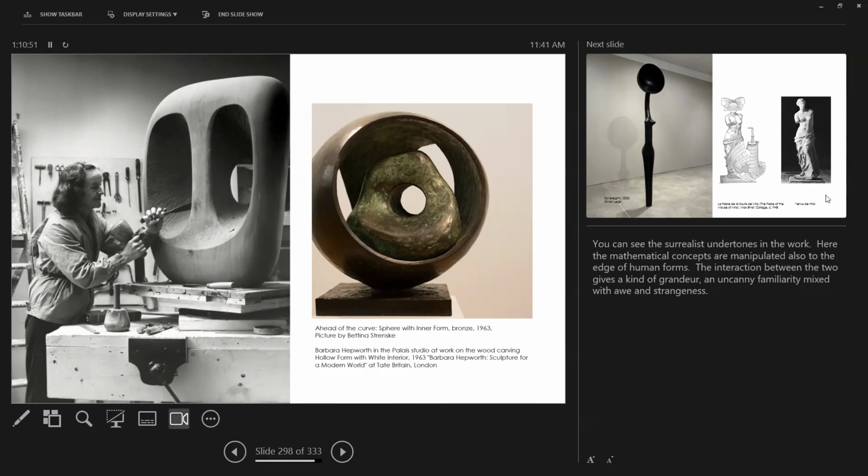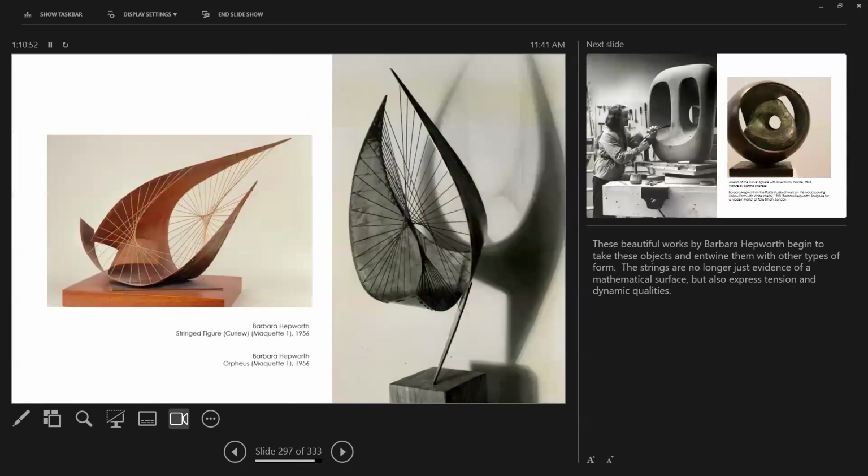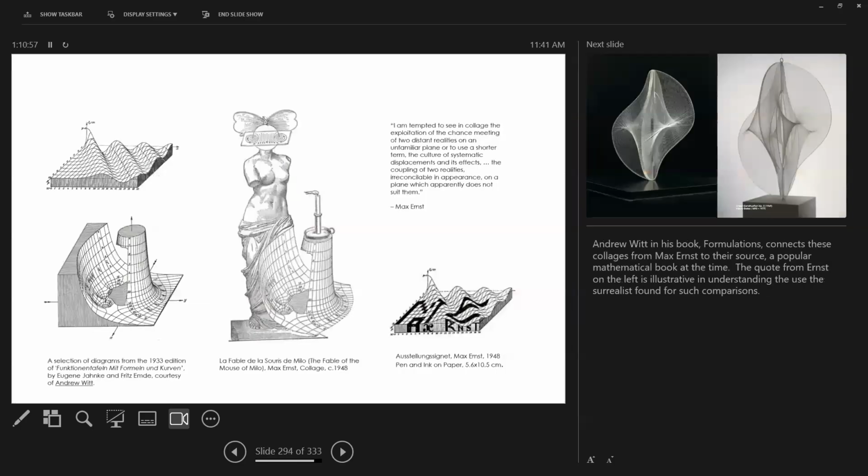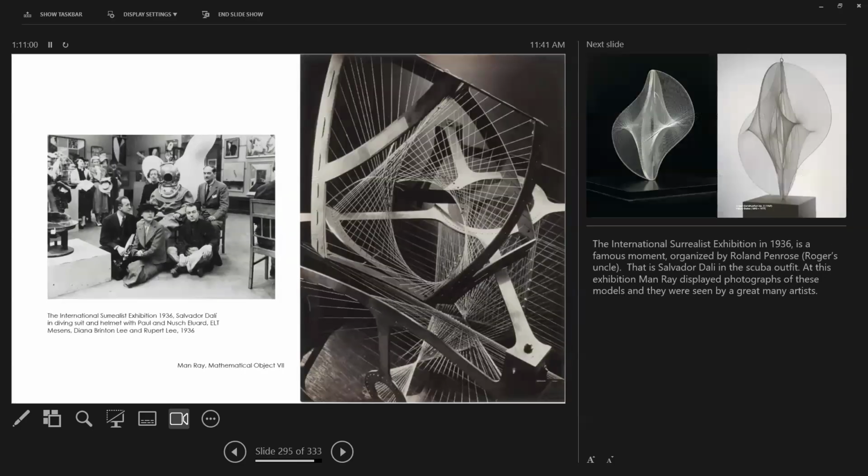They were all at the same conference. Barbara Hepworth, Naum Gabo and Antoine Pevsner were all at the same conference with Gaudi, where Man Ray brought his photographs of the 19th century cabinet of curiosity physical models.